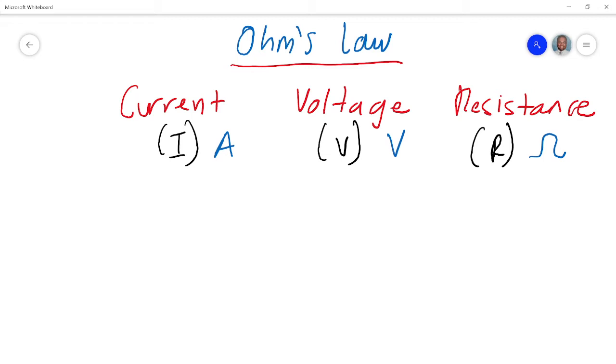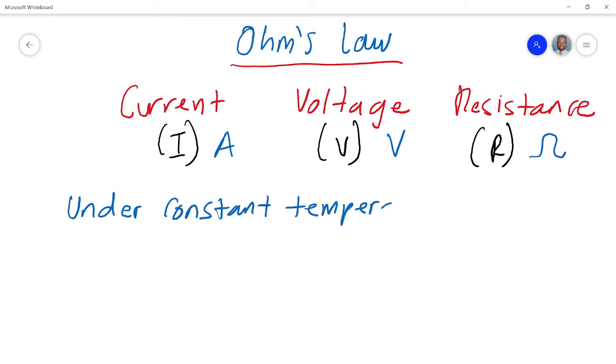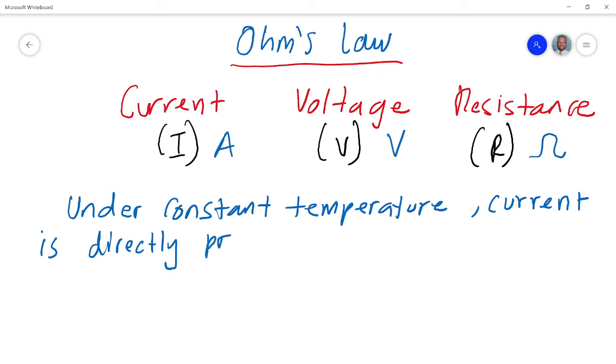What Ohm's law states is that under constant temperature, current is directly proportional to voltage. So that's what Ohm's law states.